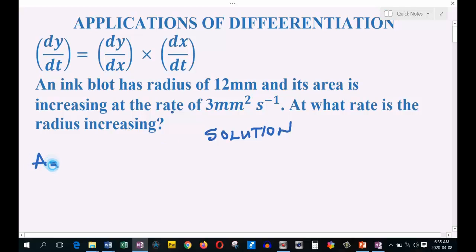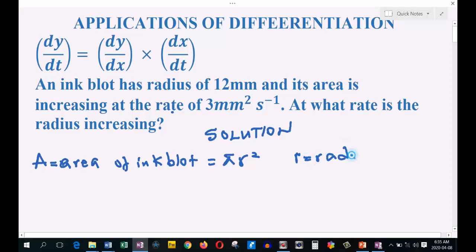Our area, our A, is the area of the ink blot, which is pi r squared, and our radius r is equal to 12 millimeter.